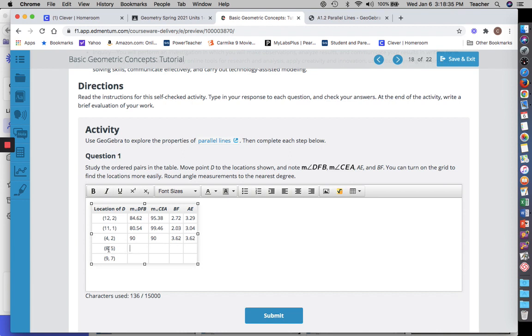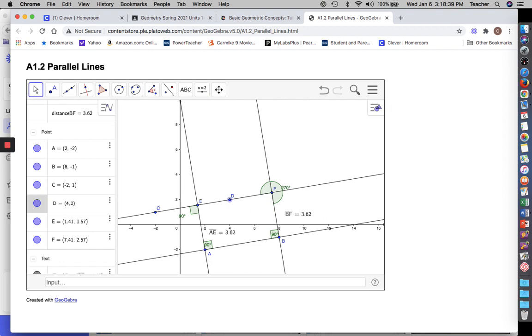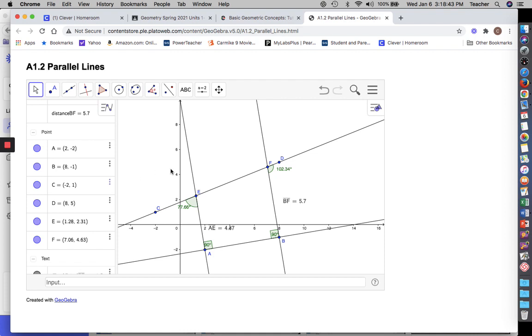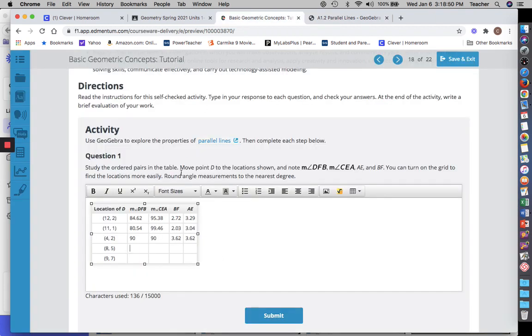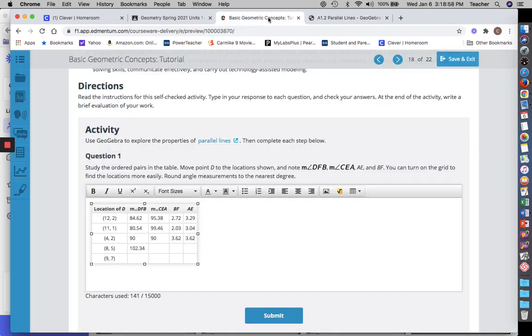Let's change that to 8.5 and hit enter. It looks like it's now 102.34. Angle E, 77.66.